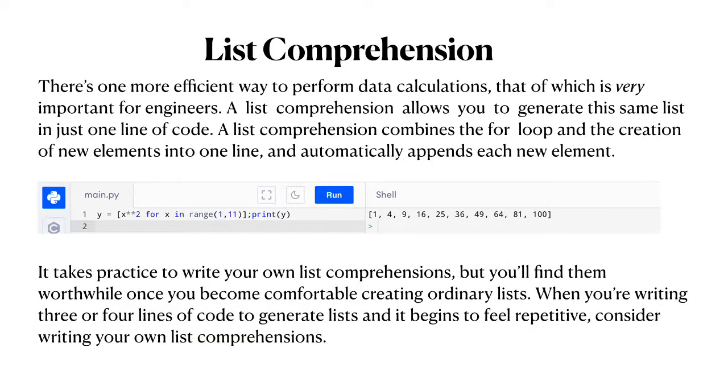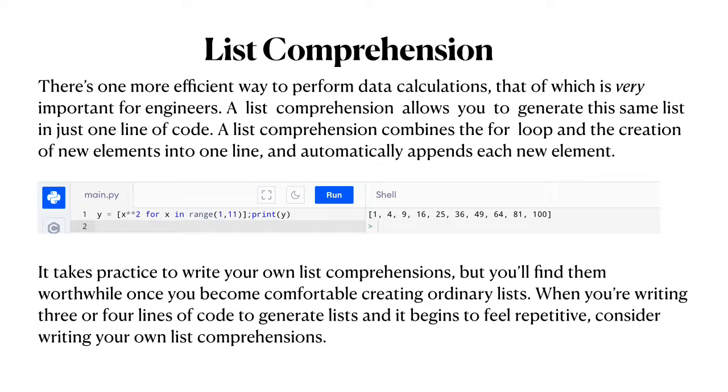There's one more efficient way to perform data calculations, which is very important for us engineers. So, the next set of code is, I think, how we normally perform operations when solving problems. And I hope you use this in solving these calculations. So, what is this? This is called list comprehension.